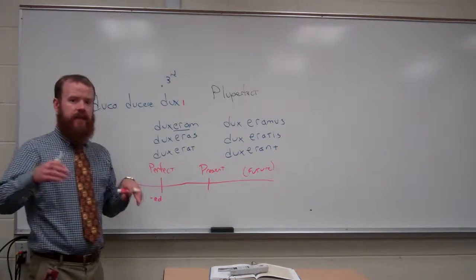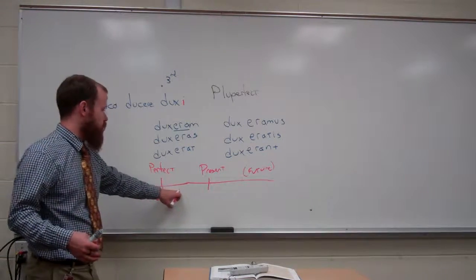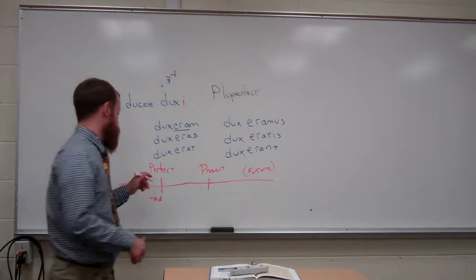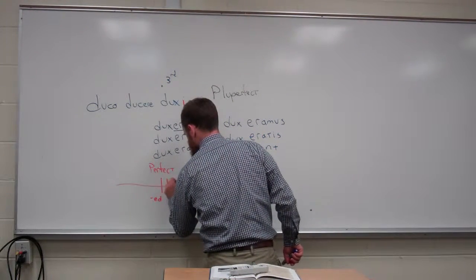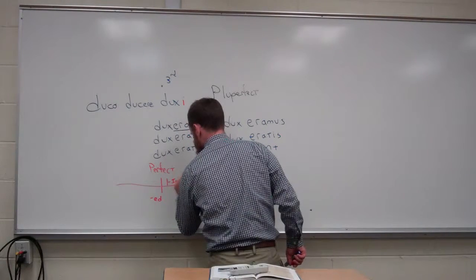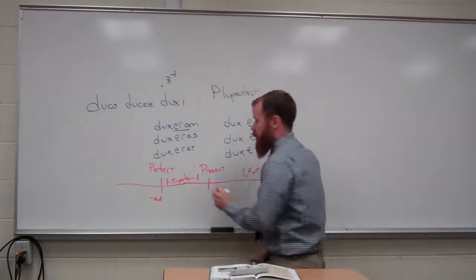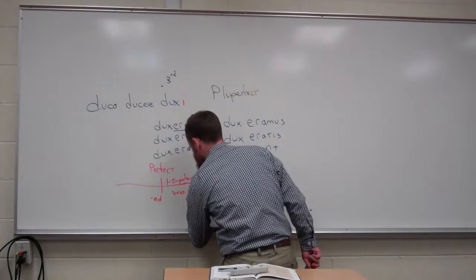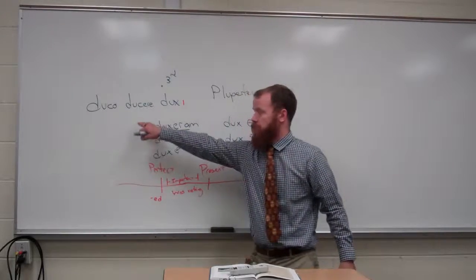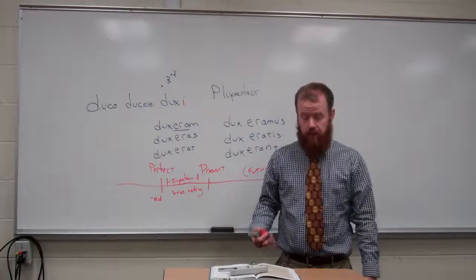The imperfect shows an ongoing past that hasn't quite yet completed. We translate that was verbing. So if we were to take duco, ducebam, I was leading.